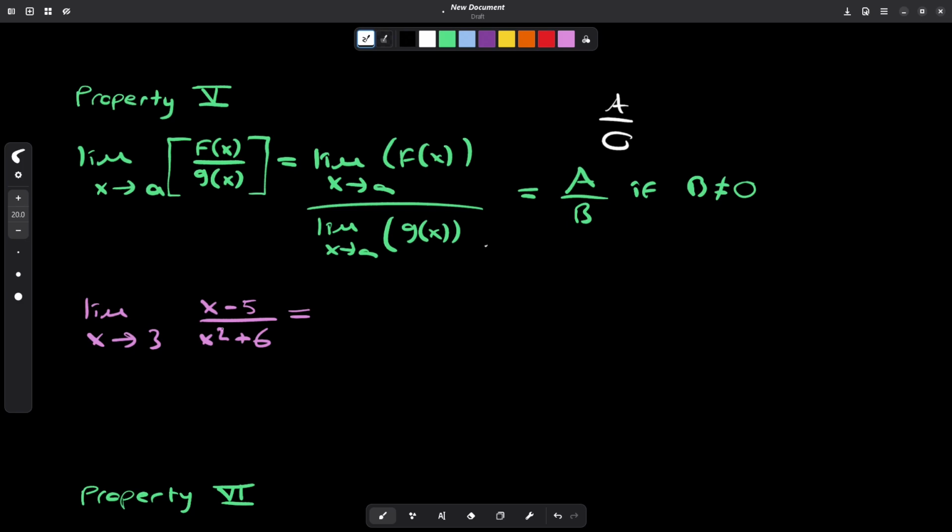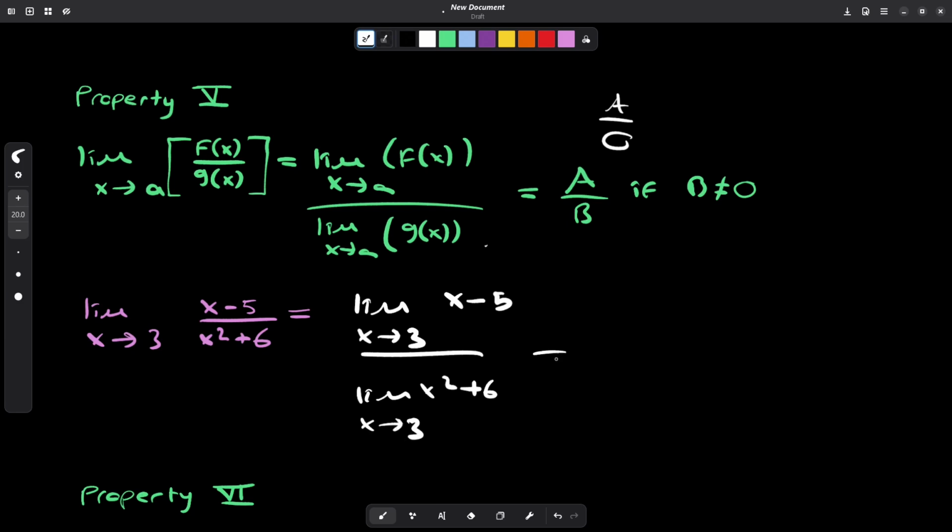We talked about these in high school. Limit of (x minus 5) over (x squared plus 6) as x approaches 3. Let's use our property. Limit as x approaches 3 of x minus 5, over the limit of x squared plus 6 as x approaches 3. Plug the 3's in. Negative 2. 3 squared is 9 plus 6, 15. Negative 2 over 15.